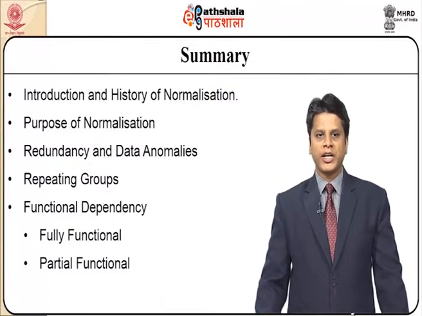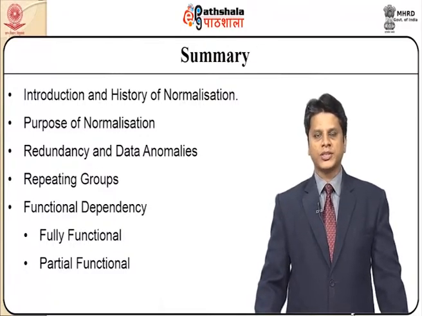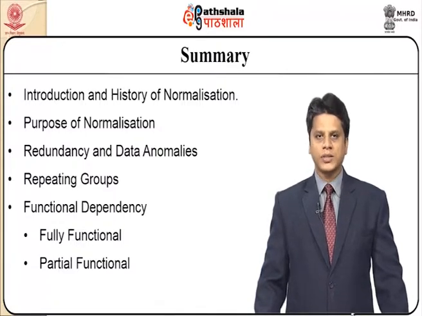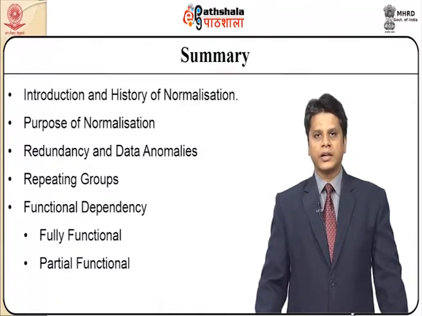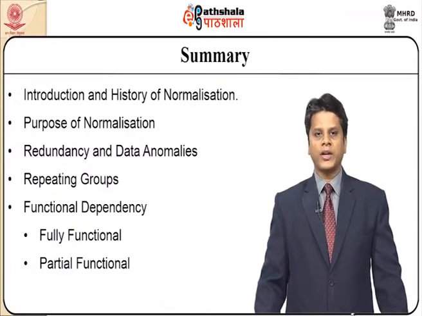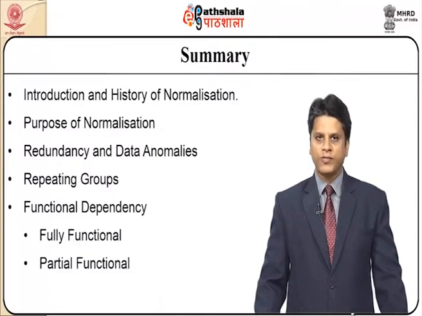Then we explained the purpose for which normalization is done: to maintain storage efficiency, to maintain the integrity of the data, and towards scalability. Then we talked about concepts like redundancy and data anomaly. We spoke about repeating groups, and we defined functional dependency, which in turn had 2 classes: fully functional dependent and partial functional dependent.